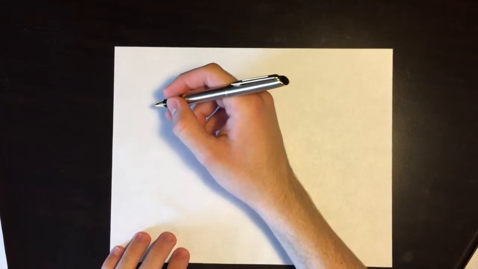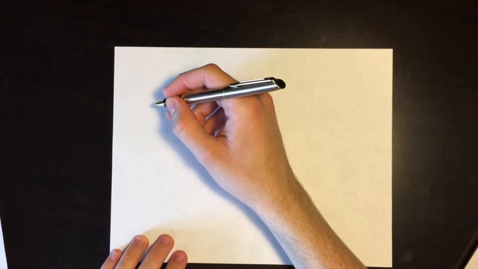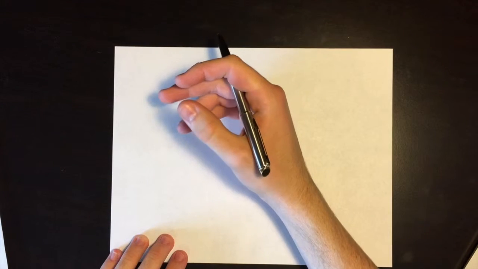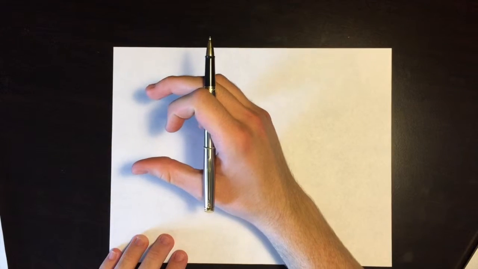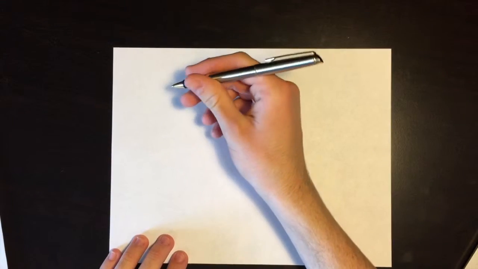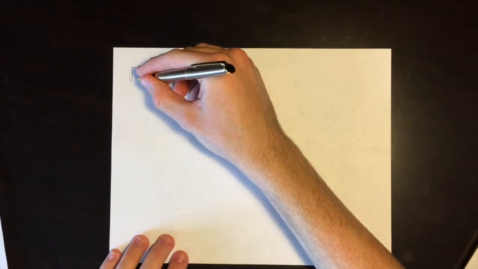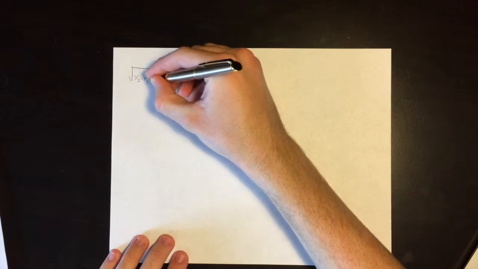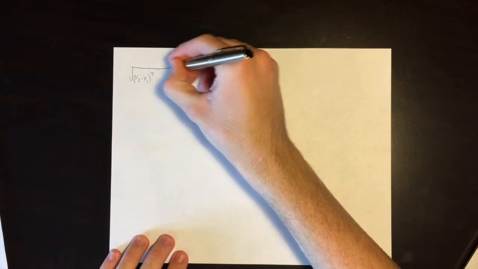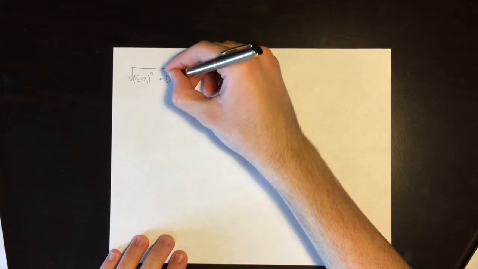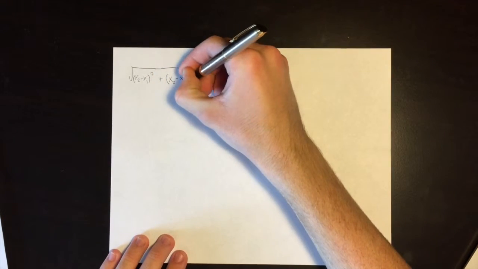Another useful application of optimization is to find how far away a point is from a graph and make it as short as possible. You can do this by using the distance formula, which is the square root of y2 minus y1 squared plus x2 minus x1 squared.